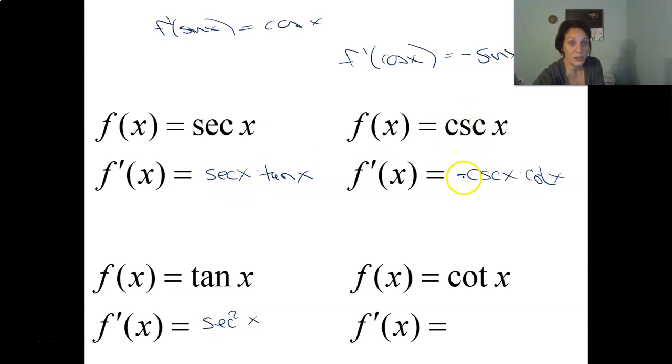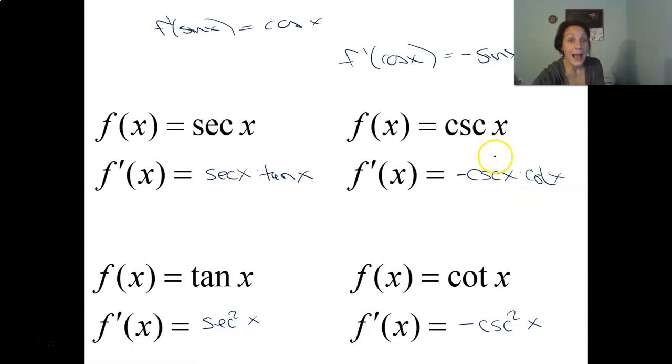The co-function is always a negative derivative, and it's the same as secant, but they are the co-functions. So instead of a secant, we have a cosecant. Instead of a tangent, we have a cotangent. So for cotangent, it's going to be just like the derivative of tangent with those couple changes. Since it's a co-function, I know the derivative is going to be negative. And over here it's a secant squared, so over here it's going to be a cosecant squared.